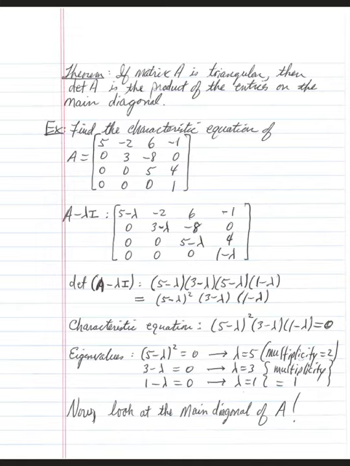Determinant is the product of the entries on the main diagonal. So down here I've got 5 minus lambda times 3 minus lambda times another 5 minus lambda, and multiplied by 1 minus lambda. That's why these four factors are all written out. I just took them in order down the main diagonal, writing them out.